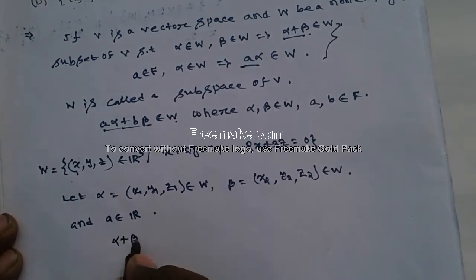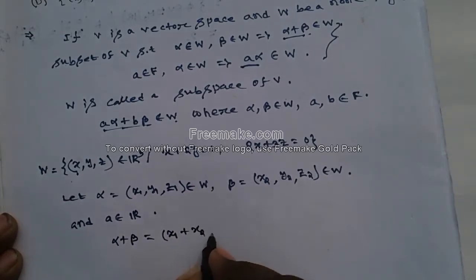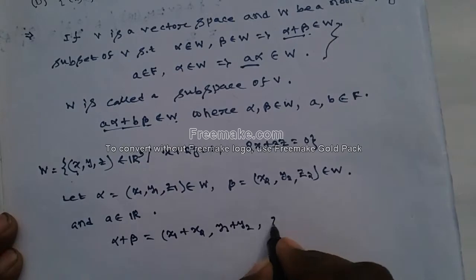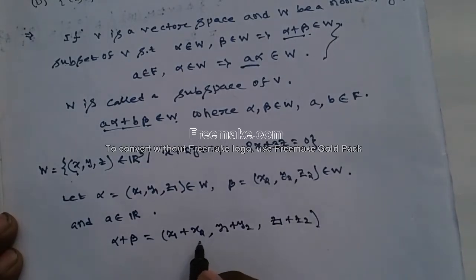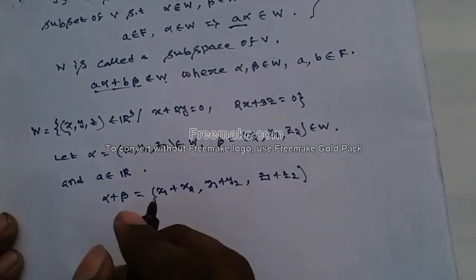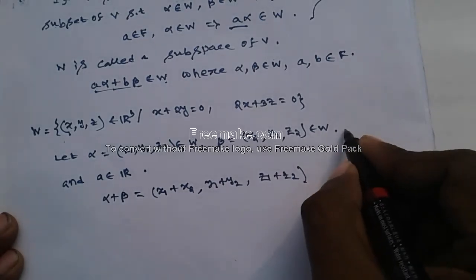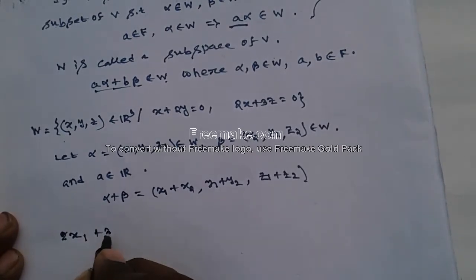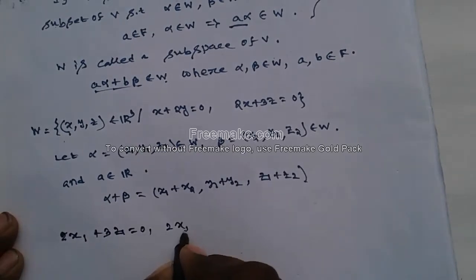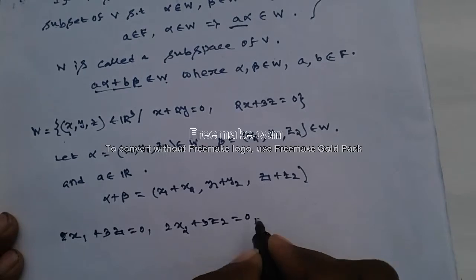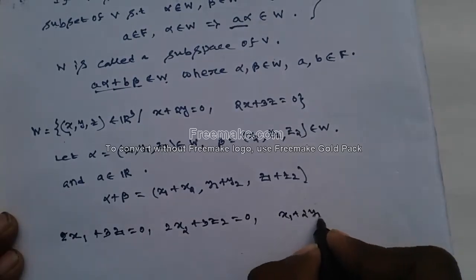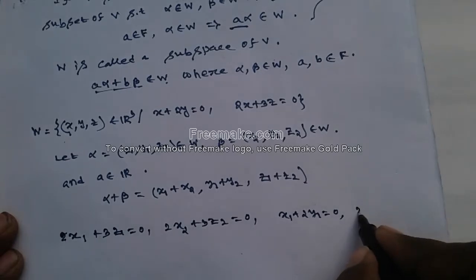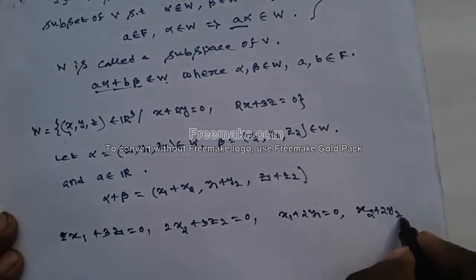So alpha plus beta equals (x1 plus x2, y1 plus y2, z1 plus z2). We use addition of two components in the vector space. Since these belong to W, the conditions are: 2x1 plus 3z1 equals 0, 2x2 plus 3z2 equals 0, x1 plus 2y1 equals 0 and x2 plus 2y2 equals 0.